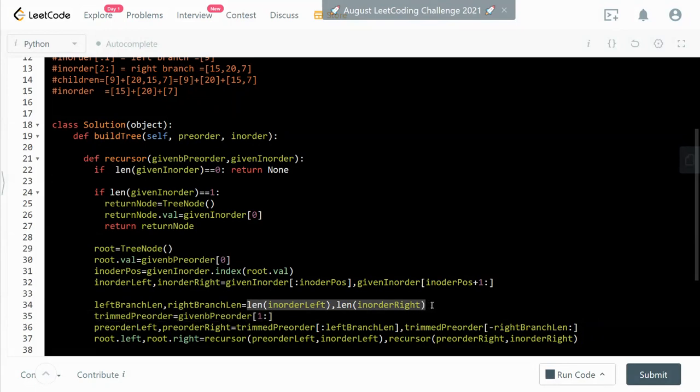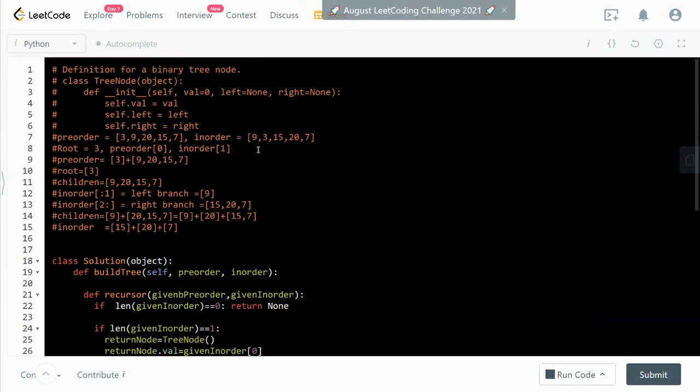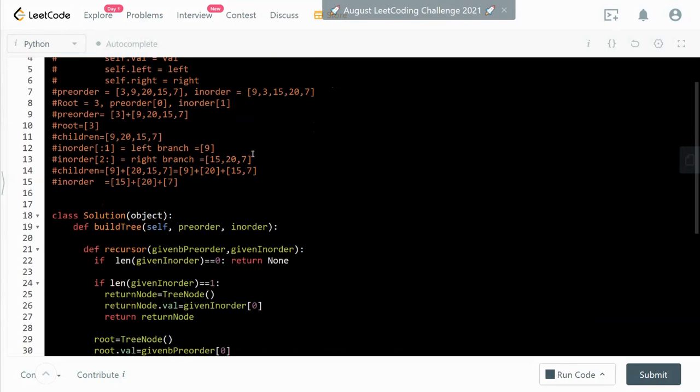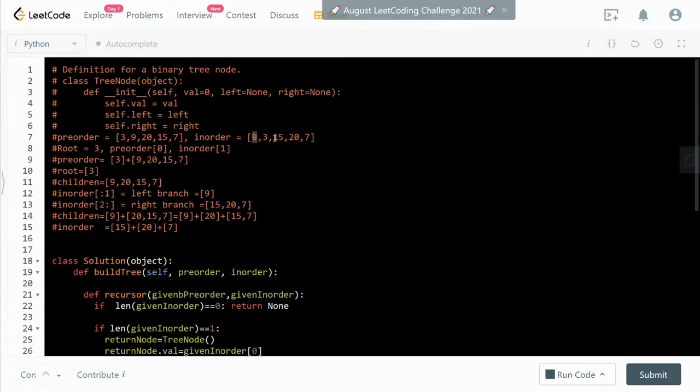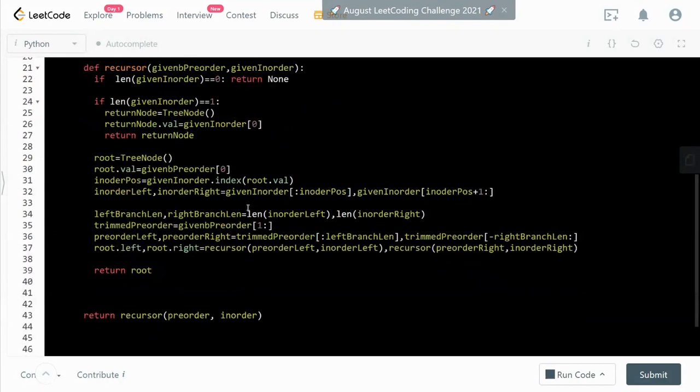So taking the length of the two lists, in this case, the length of the left branch is going to be 1, and the length of the right branch, which is how many nodes there are, is equal to 3 in this case.